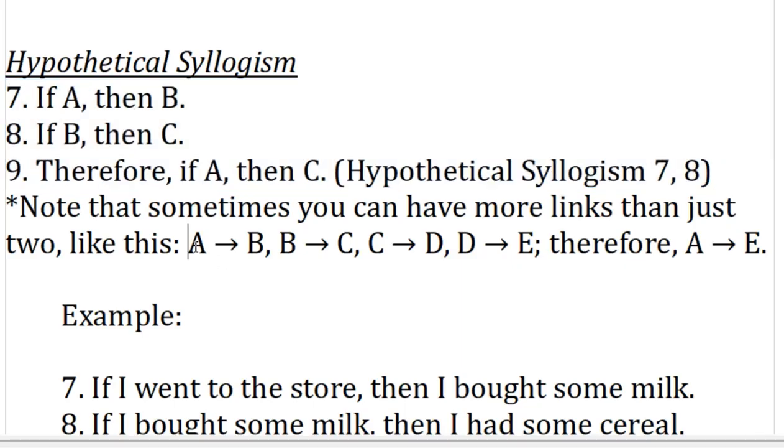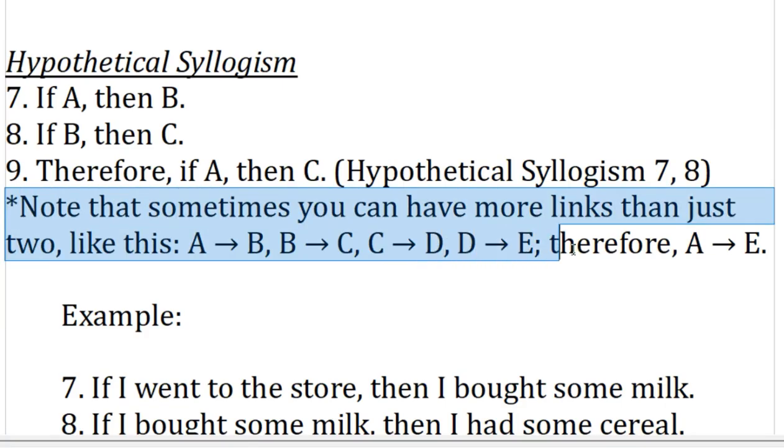In other words, you can have if A then B, if B then C, if C then D, if D then E, and then your conclusion can be if A then E. So that's allowed, and that fits the form of hypothetical syllogism because I'm telling you here that it is okay to do, so you're allowed to do that if you ever want to do that.